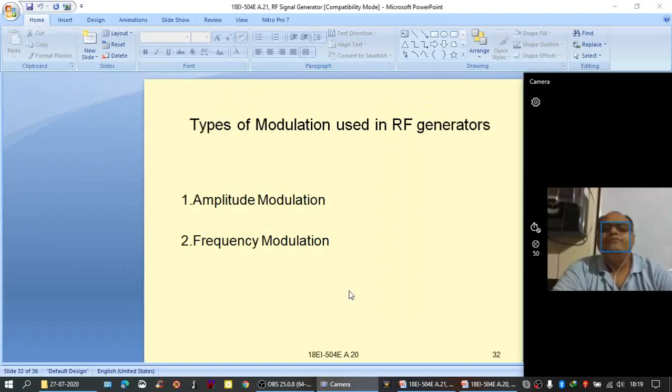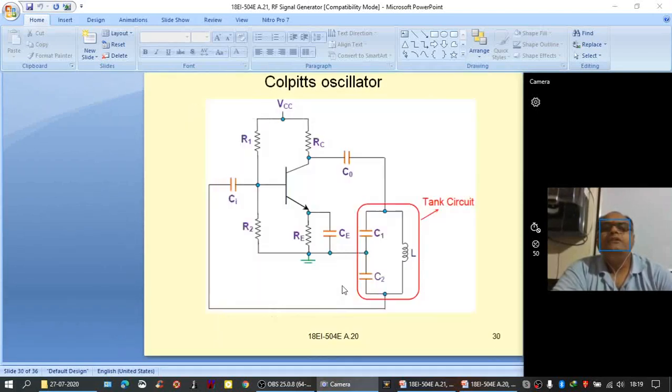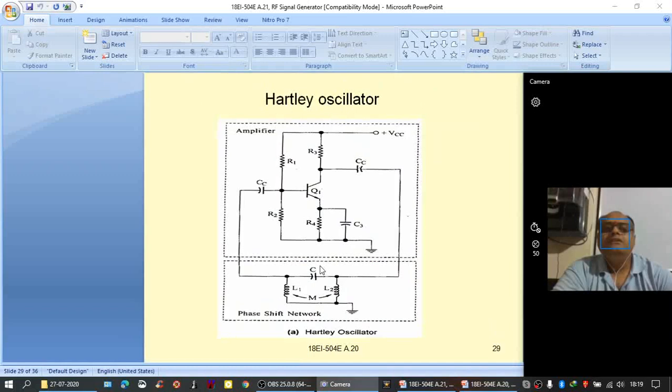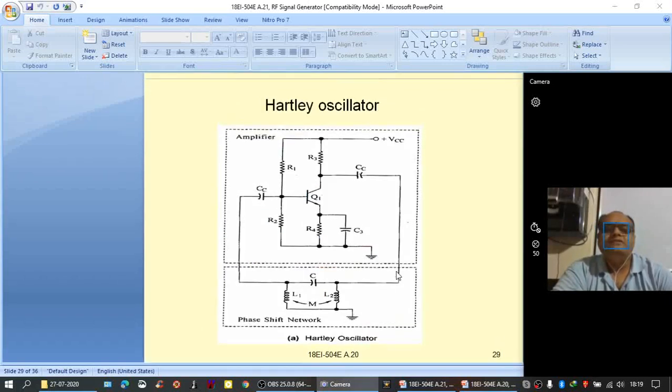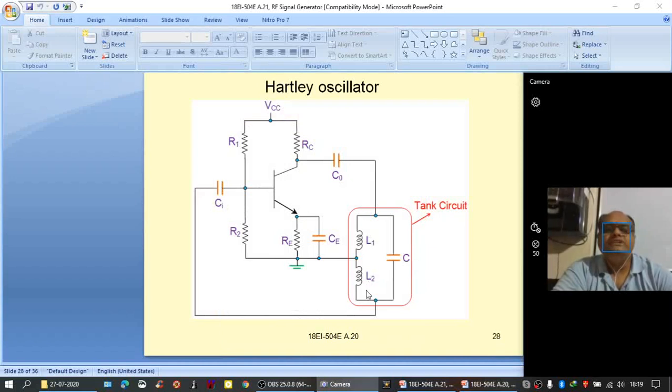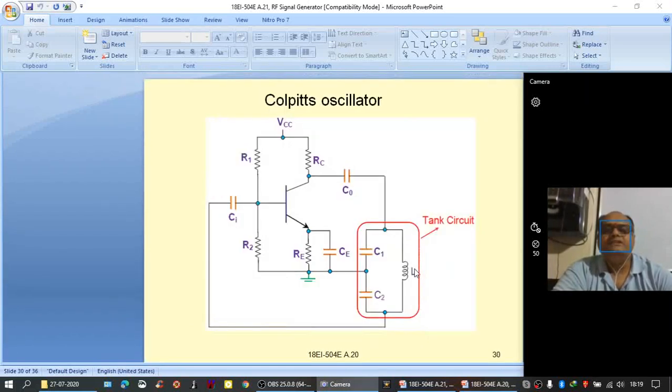Similarly, one is the Hartley oscillator, the other one is the Colpitts oscillator. In case of the Hartley oscillator, we use a tank circuit with one capacitor and two inductors, whereas in case of the Colpitts oscillator, we use one inductor and two capacitors.